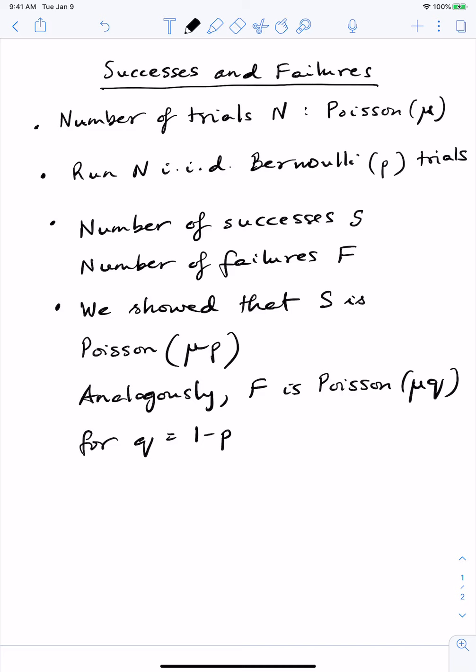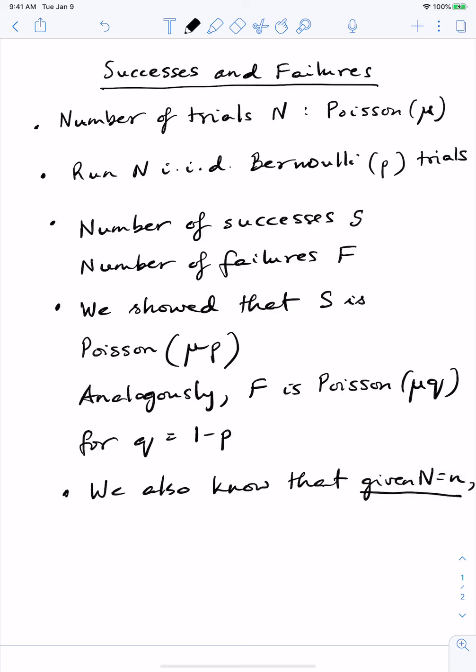Terrific. So we know the unconditional distributions of S and F, and we also know that if we are given the number of trials, so there's nothing random about it anymore, S, the number of successes, is then our old friend, the binomial.